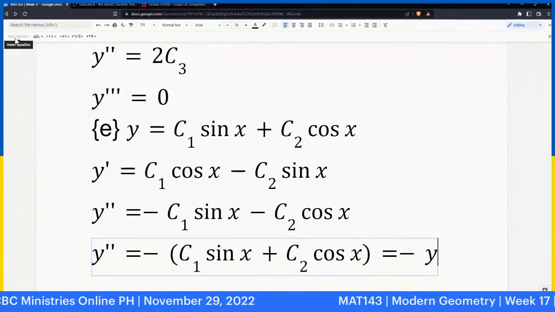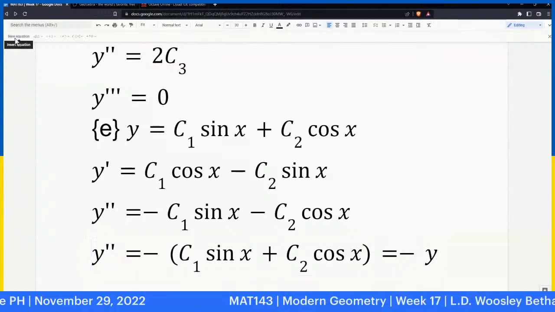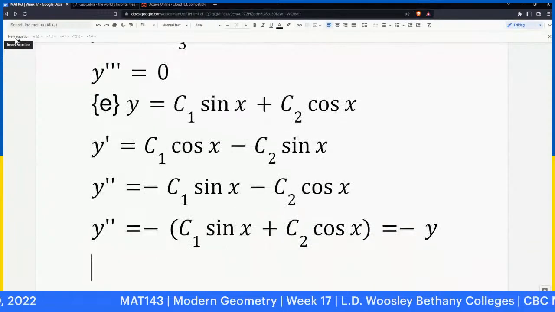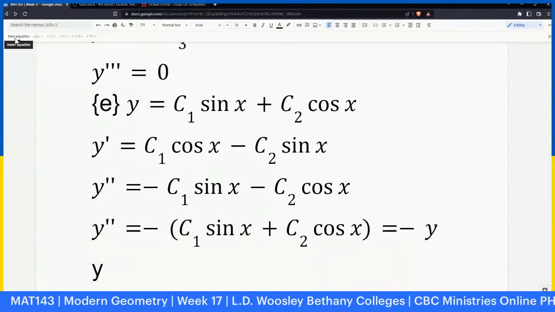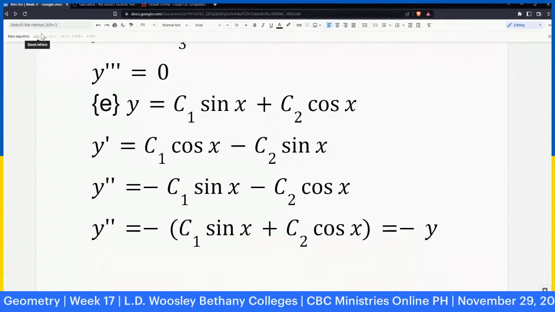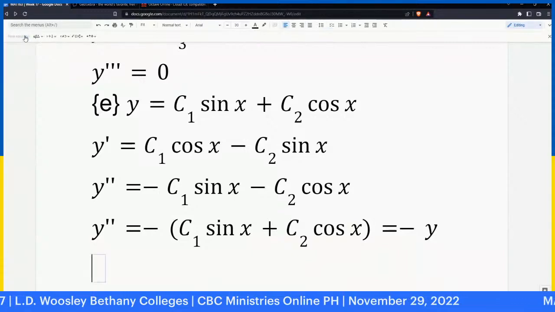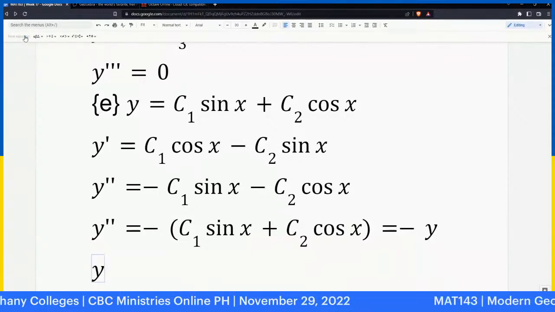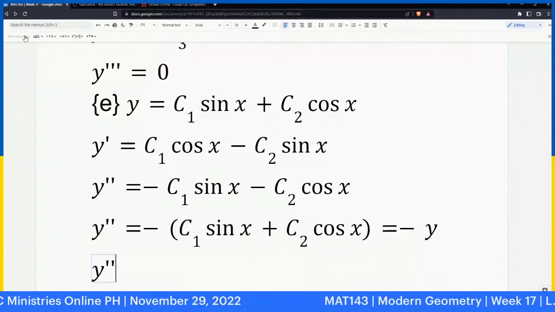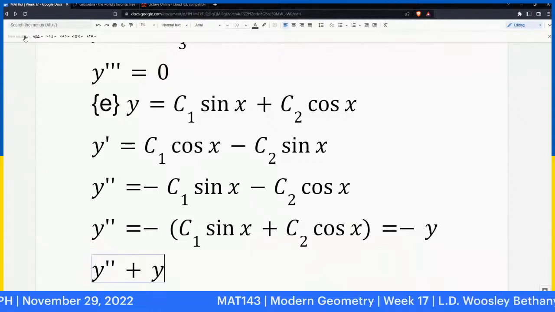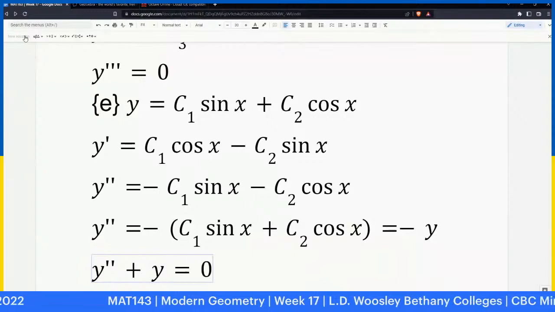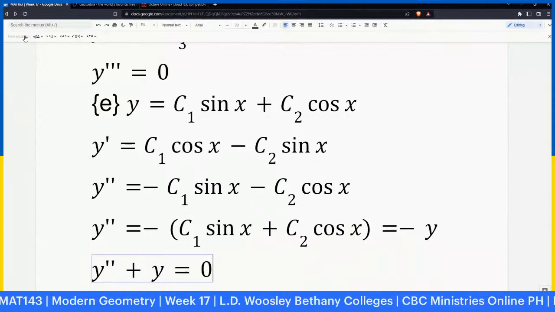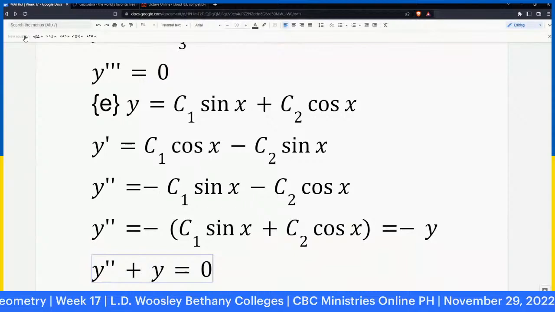To put it properly, you could equate this to 0. So y double prime plus y is equal to 0. Okay? So that's the differential equation of the given.